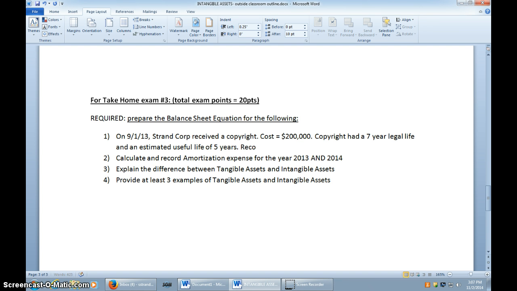By the way, up here on number 1, I want you to record the transaction, having purchased the copyright. So number 2, calculate and record amortization expense for 2 years, 2013, 2014. Third part, explain the difference between tangible and intangible assets. And number 4, provide at least 3 examples of tangible and intangible assets.